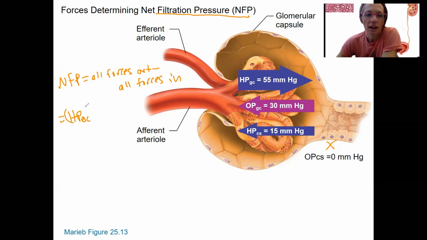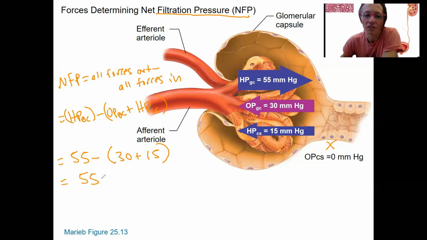So we're going to take those forces out and subtract the forces in. Forces in are osmotic pressure in the glomerular capillaries plus hydrostatic pressure in the capsular space. So that's 55 minus our 2 forces in are 30 plus 15. Notice you can do this a different way.